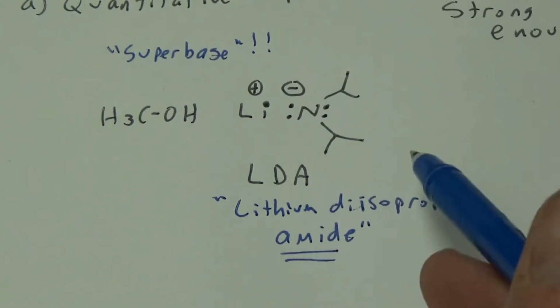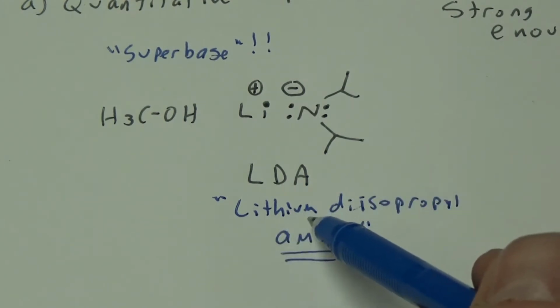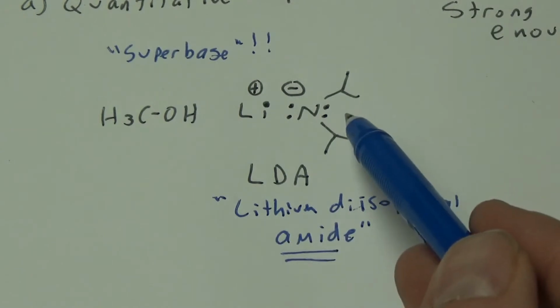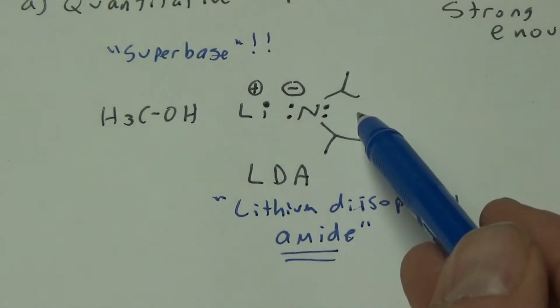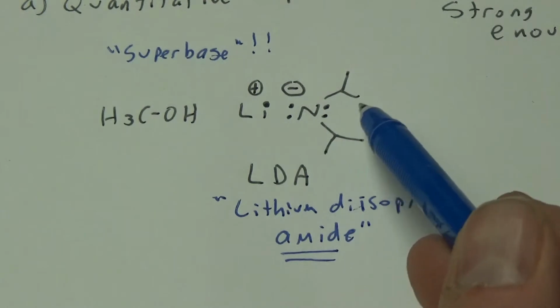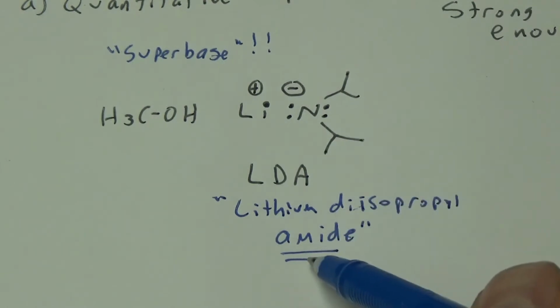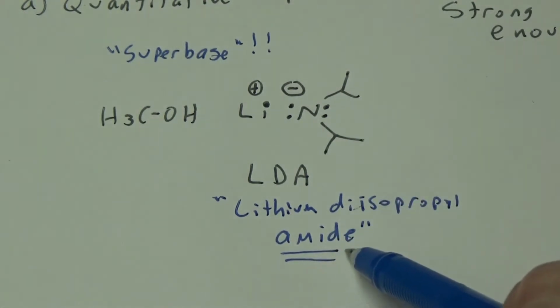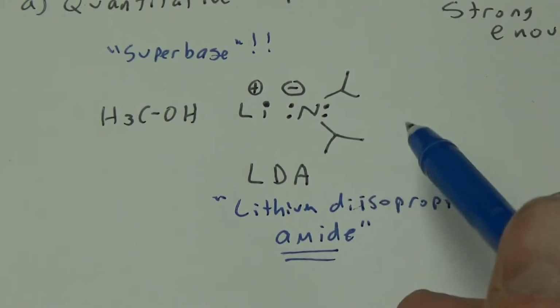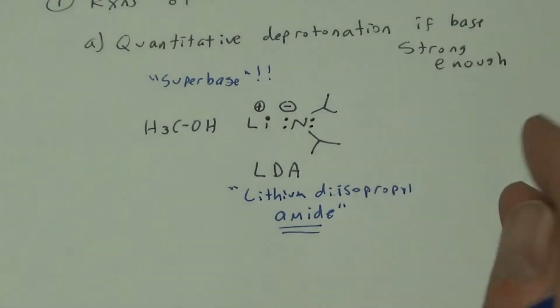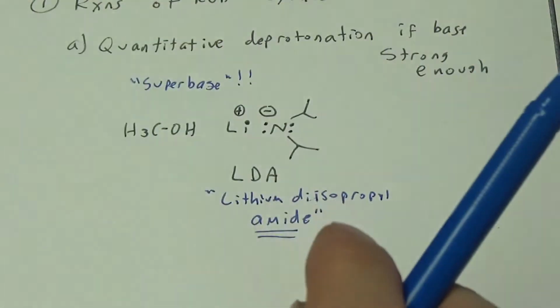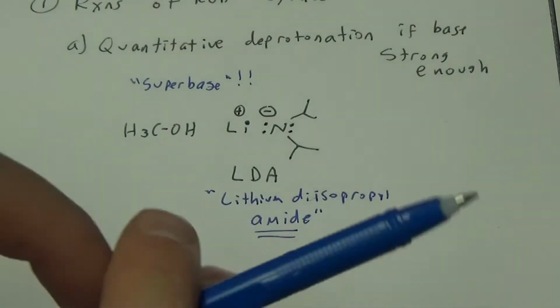It's a carbonyl derivative. So this does not look like an amide the way you've learned amide. This looks just like nitrogen with a negative charge. So this is a historical definition of the word amide. So that's just different than the way you know amides.